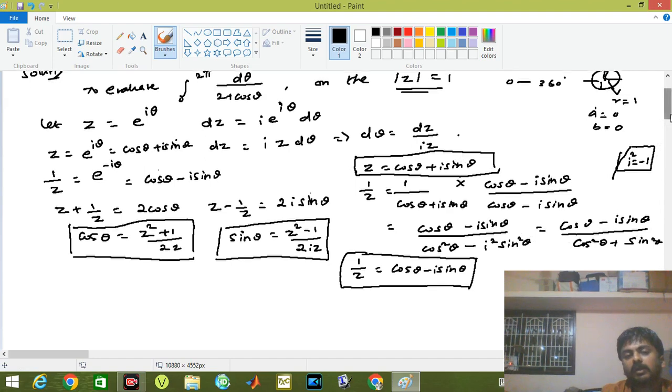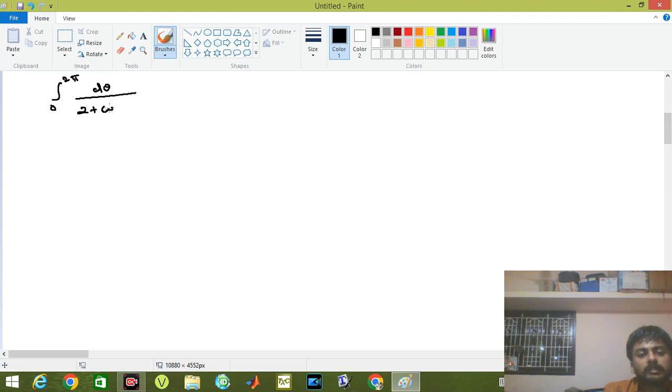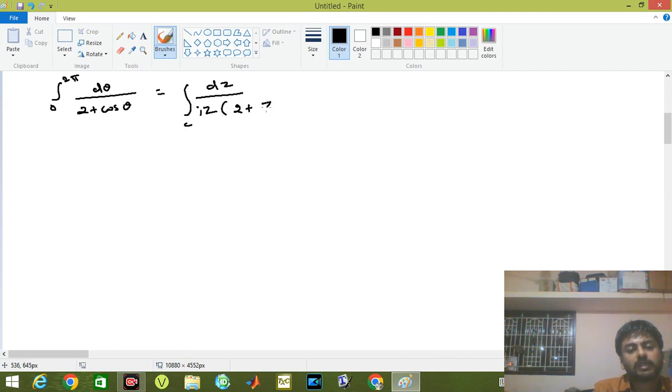Now we have to consider the given function. The integral over 0 to 2 pi d theta divided by 2 plus cos theta is equal to, since d theta equals dz divided by iz, the integral over c of dz divided by iz into 2 plus cos theta, where cos theta is z square plus 1 divided by 2z.